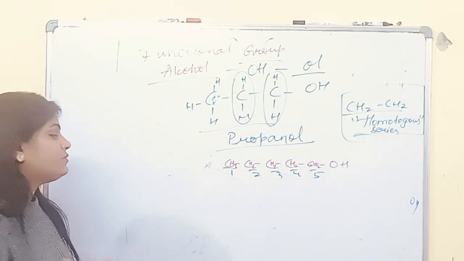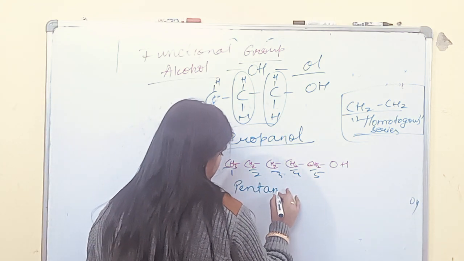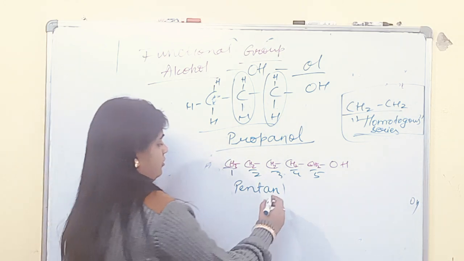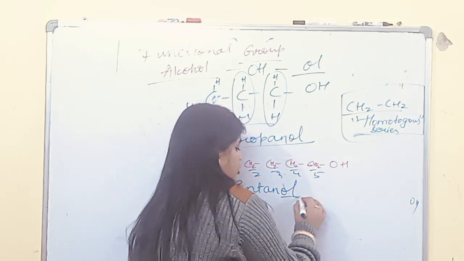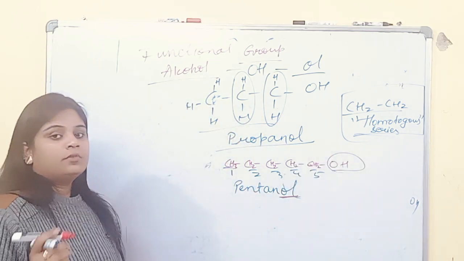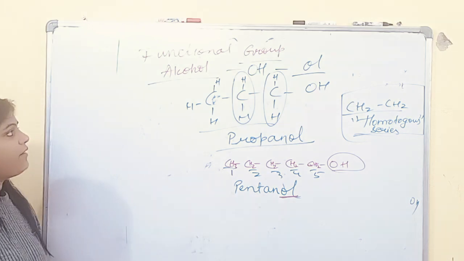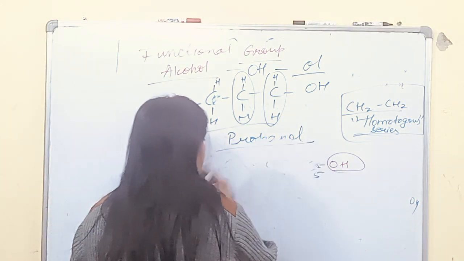So 5 means Pent. Pentane. We will remove E. So pentanol. Why Ol? Ol is for the alcohol group.